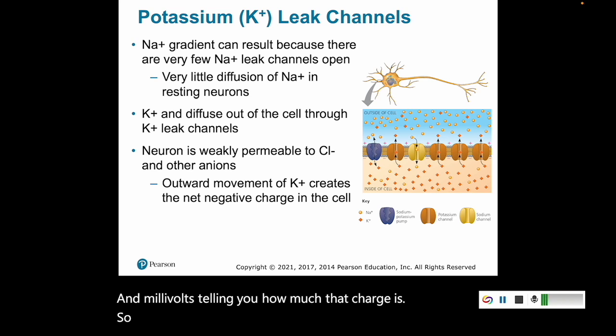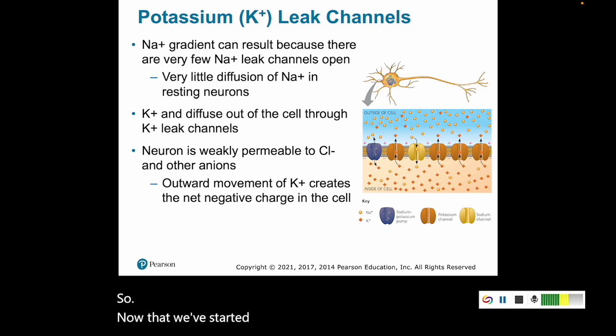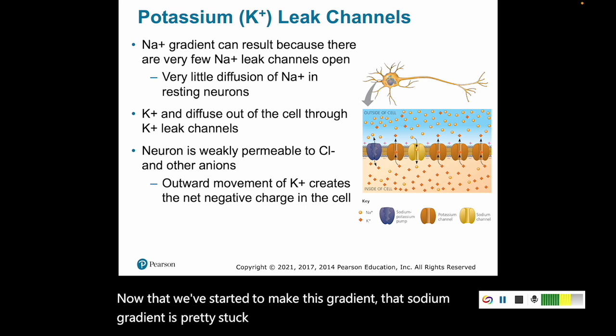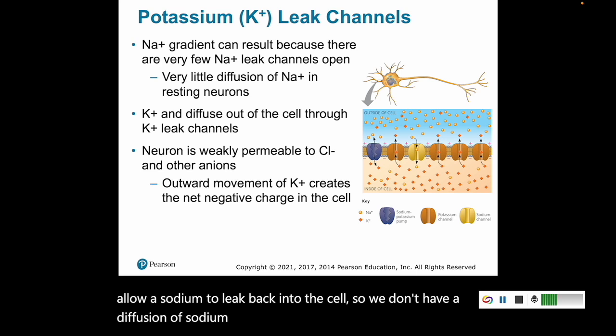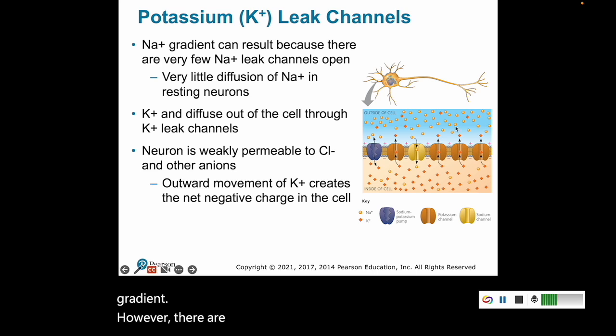So, now that we've started to make this gradient, that sodium gradient is pretty stuck because there's not a lot of pores that allow sodium to leak back into the cell. So you don't have a diffusion of sodium coming down its concentration gradient. However, there are potassium channels. Look at all these potassium channels here that are open.